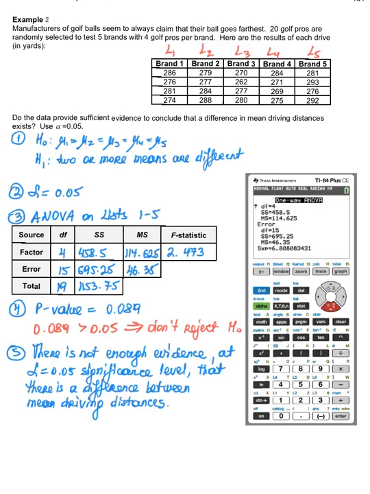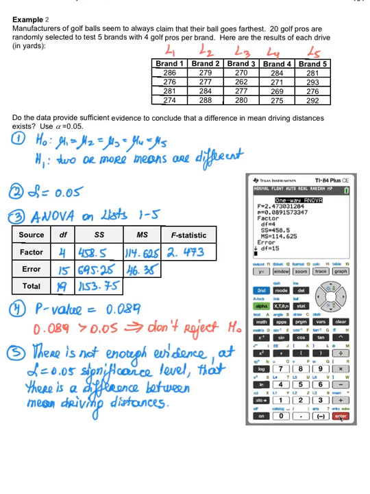For error, degrees of freedom is 15, sum of squares is 695.25, mean of squares is 46.35. The totals are found by adding 4 and 15 to get 19, and 458.5 added to 695.25 gives me 1153.75.